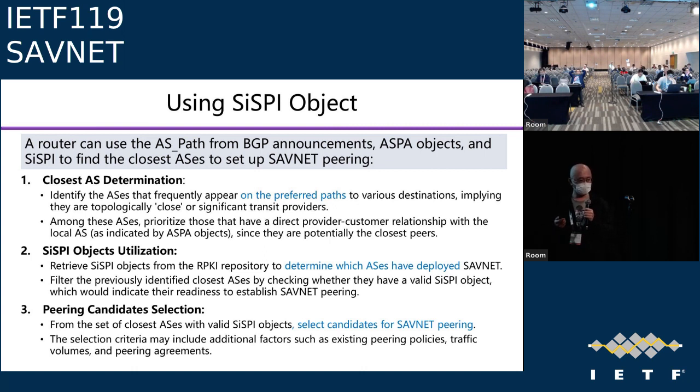Then the SysP object can be utilized to determine which of the ASs have already deployed the subnet. And finally, you can select the candidate peering ASs. The selection criteria might include multiple factors, including existing peering policies, traffic volumes, or existing peering agreements.